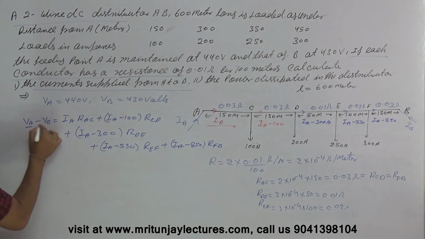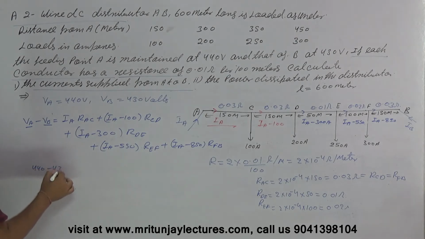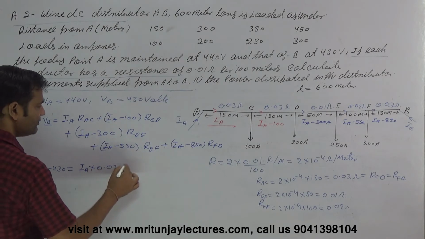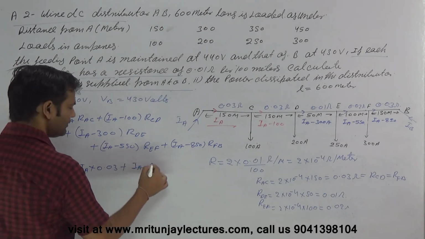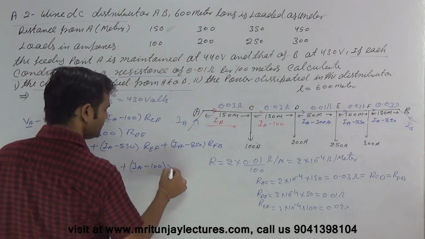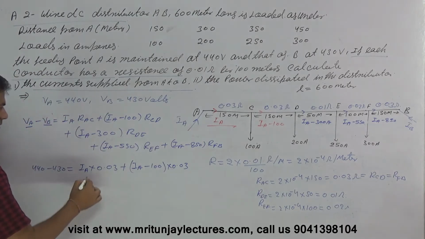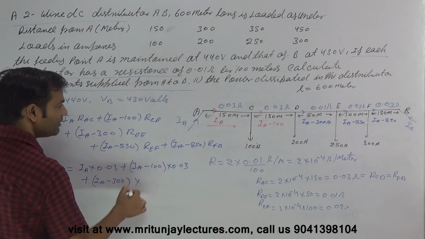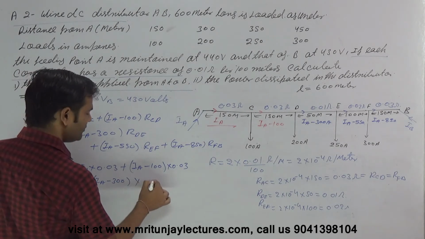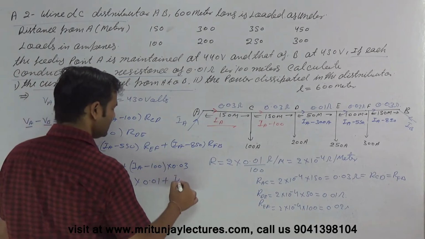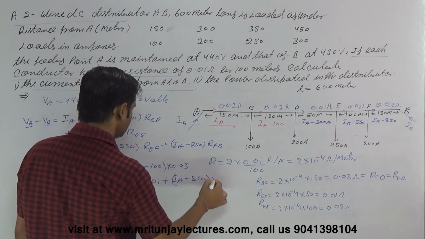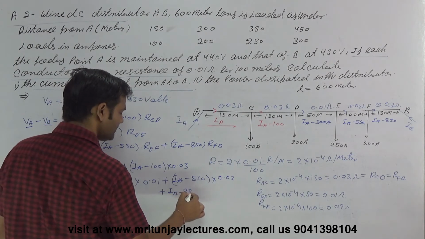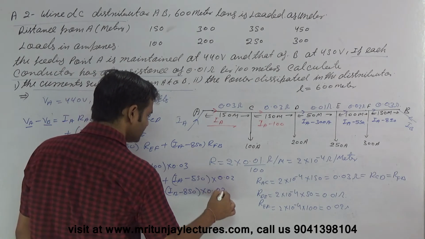Clear? That is 440 minus 430, equal to IA into 0.03 plus (IA minus 100) into 0.03 plus (IA minus 300) into 0.01 plus (IA minus 550) into 0.02 plus (IA minus 850) into 0.03 ohm.